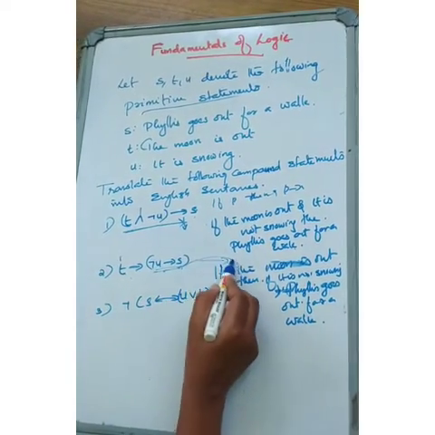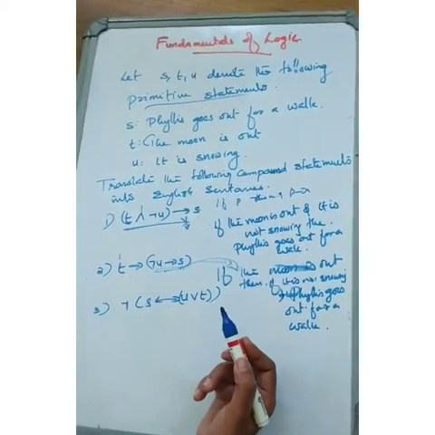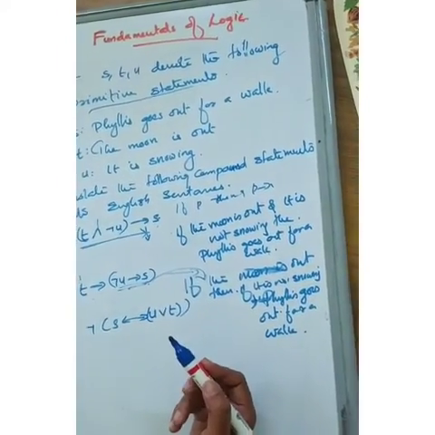Okay, so this is the translation of this sentence. If the moon is out, then if it is not snowing, Phyllis goes out for a walk.